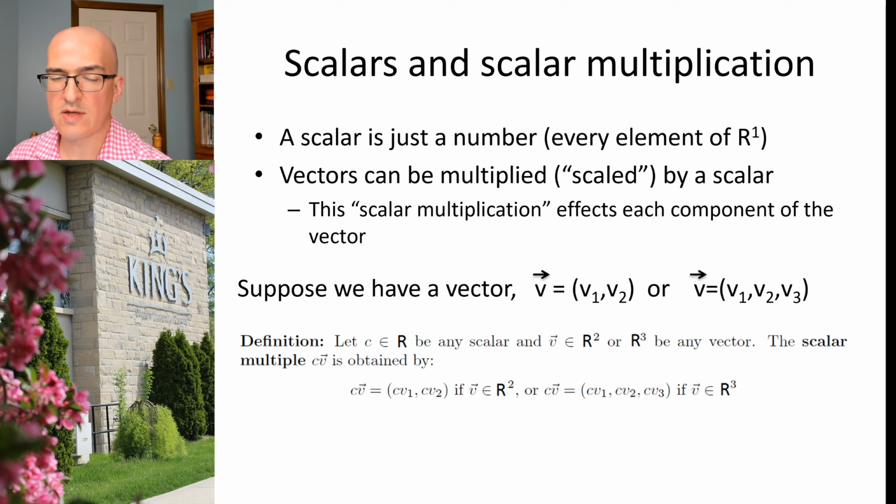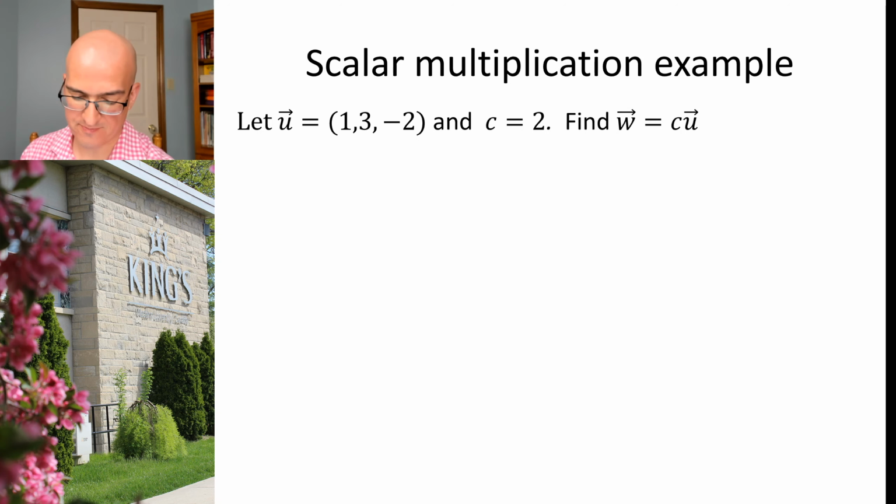Then the scalar multiplication c times v is something that you get by taking the component v1, multiplying it by c, and taking the component v2 and multiplying it by c. And if you have a 3D vector, then you're also going to multiply the third component by c. It's best understood with an example.